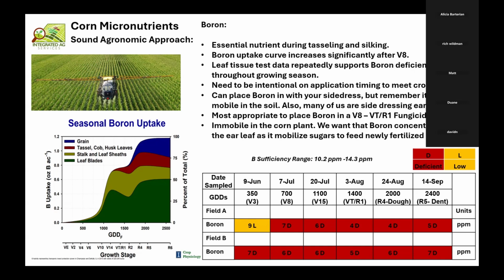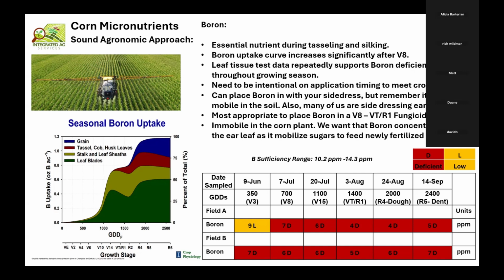In the bottom right of this slide, we have a tissue test: from V3 up to the dent stage, we're at 6 to 9 parts per million boron in the tissue. So boron is deficient in the corn throughout the season.